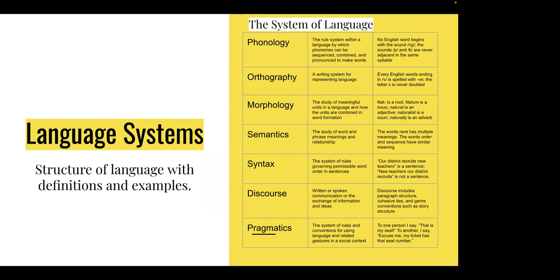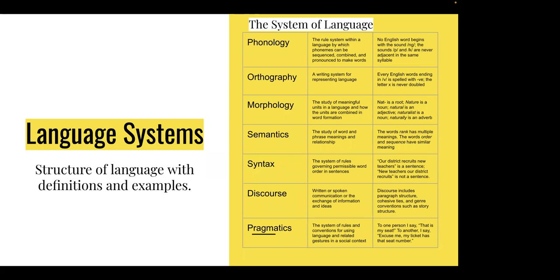One phoneme, but two letters, which are graphemes, the actual letters. The sounds p and k are never adjacent in the same syllable. There are some sounds that don't go together; there are just rules for it in our language. So that's phonology.